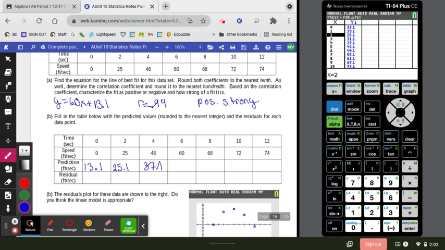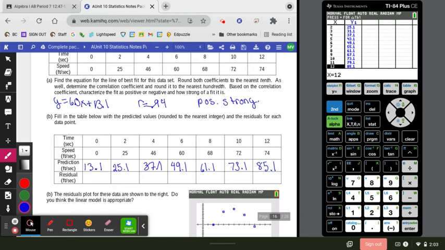At 6, it's 49.1. 8, 61.1. 10 is 73.1. And 12, 85.1. Now for our residuals, what we're going to do is we are going to subtract actual minus predicted.